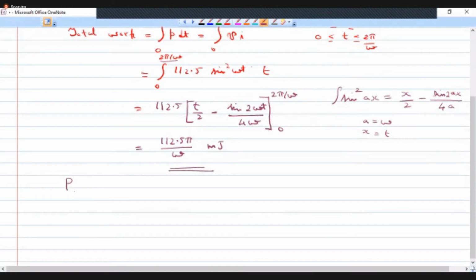So the average power, P average, will be equal to the total work, that is 112.5 pi by omega, divided by, and what is the time taken?